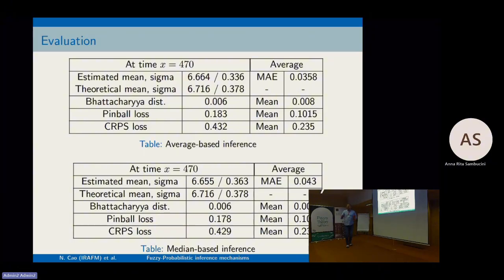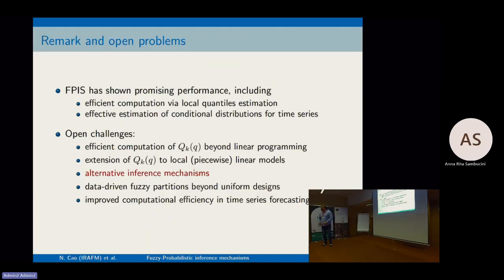So we have two options, and moreover, we can also extend to arbitrary p, but this is a research plan for the future. Here we have some open challenges, but I will stop my talk now because time is running and we have some technical problems.